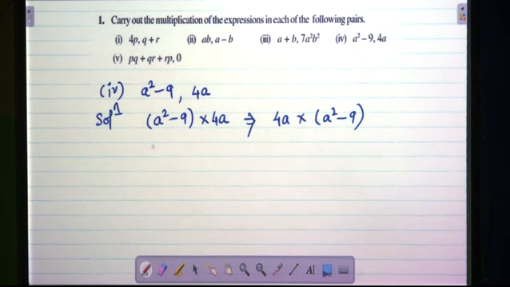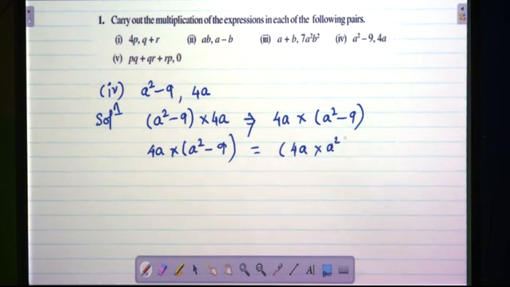On the next line, 4a into a square minus 9. This is the in between multiplication sign, it has become a little bit crooked. 4a into a square, it is the first term inside the bracket, and this expression 4a we are multiplying, 4a into a square.